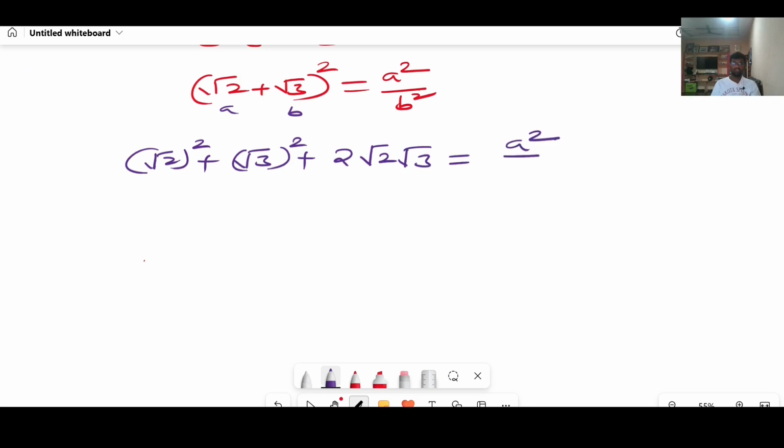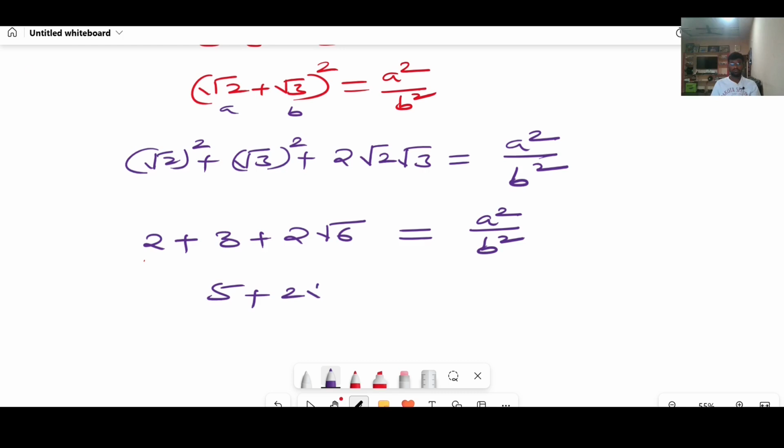That will give us a square by b square. Root 2 whole square is 2, root 3 whole square is 3, plus 2 root 2 into root 3 will give us 6. 5 plus 2 root 6 will be equal to a square by b square.